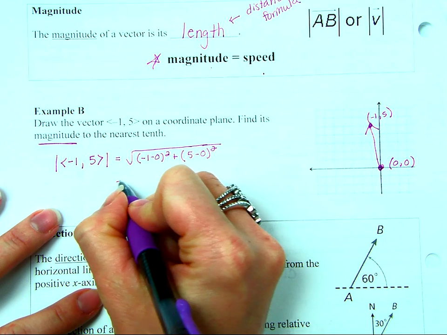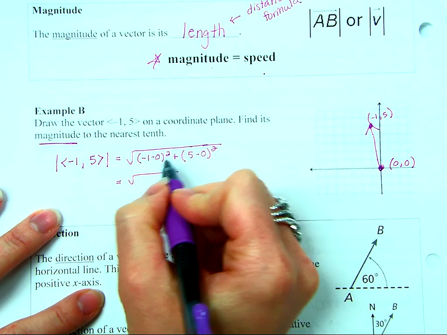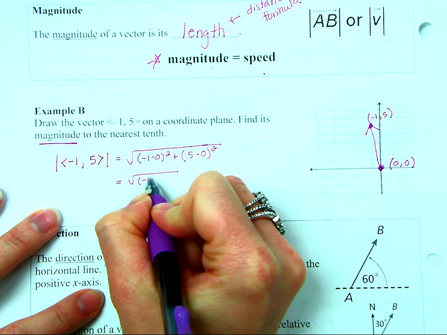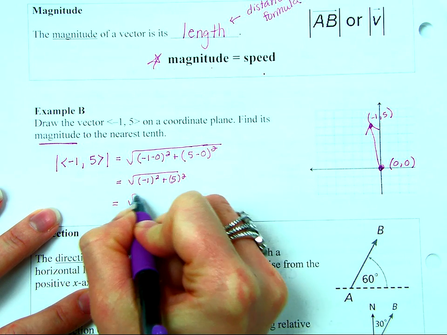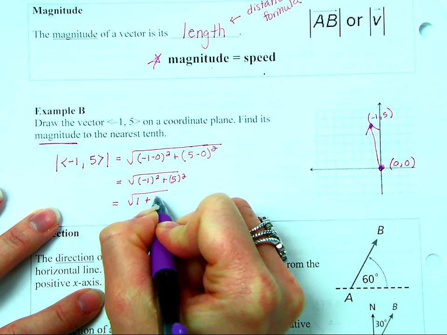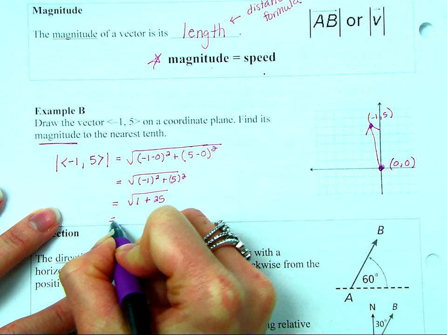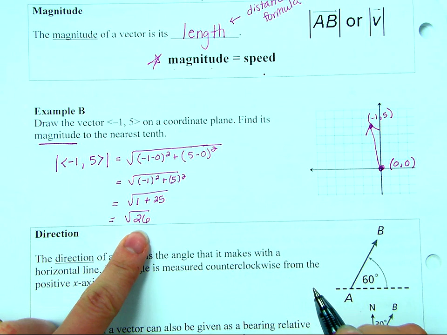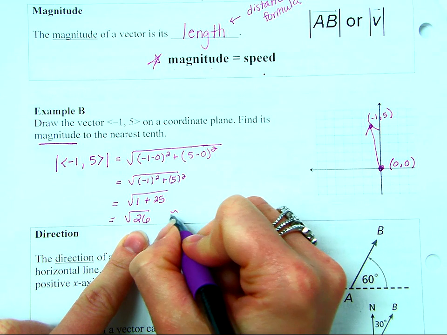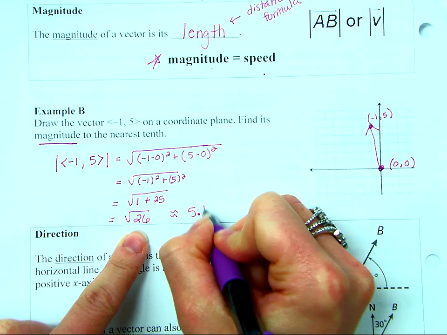I'm going to simplify a little bit here. Looks like my magnitude is going to be the square root of 26, which would be about 5.1.